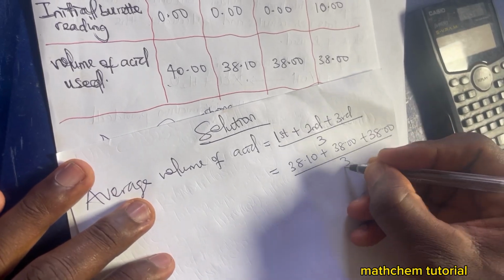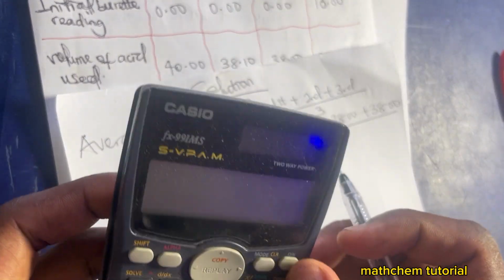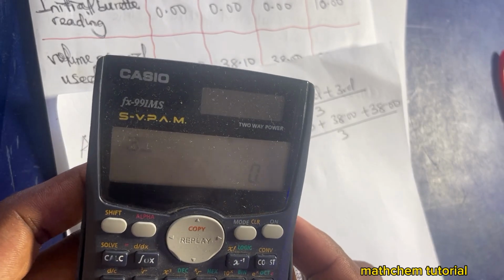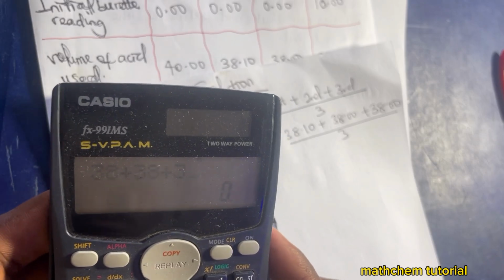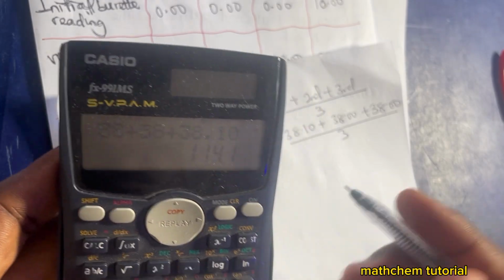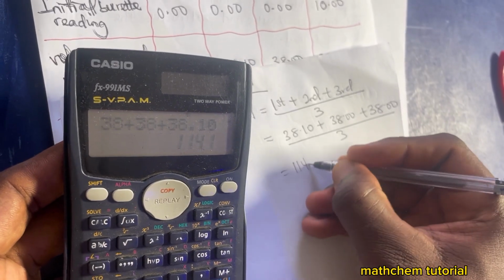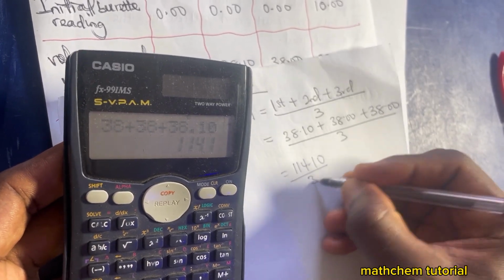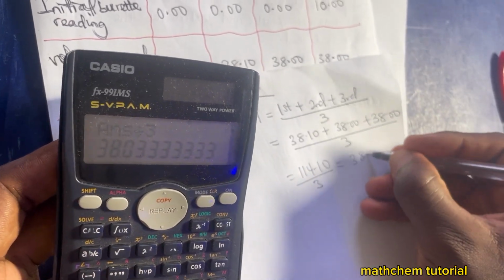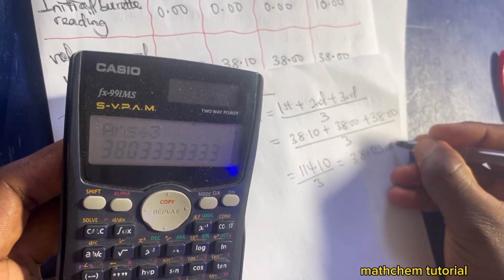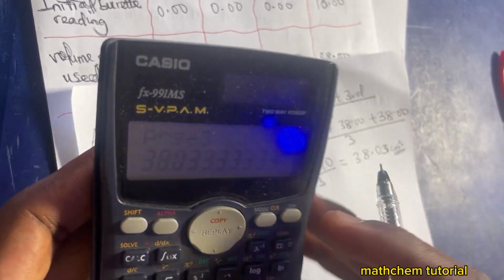By the time I find the average using my calculator, 38 plus 38 plus 38.10 gives me 114.10 all over 3, and that will be equal to 38.03 cm cube.